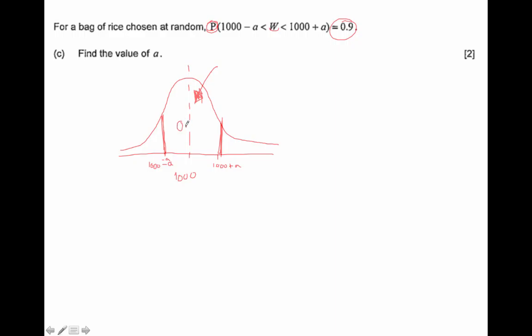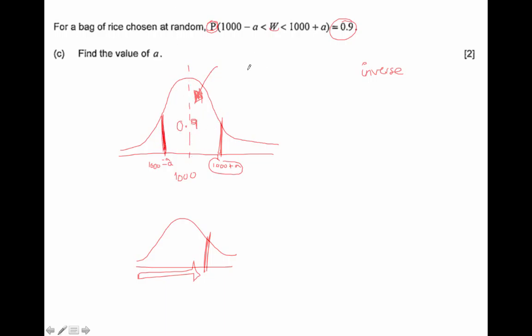Well, 0.9. So it looks like I am going to be dealing with the inverse normal. But the thing is, like I said before, the calculator is just going from left to right. So for example, if I wanted to find this value here, I'd have to tell the calculator the percentage all the way up to that point, not just this middle part here.